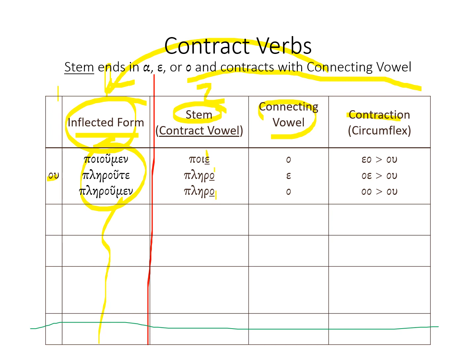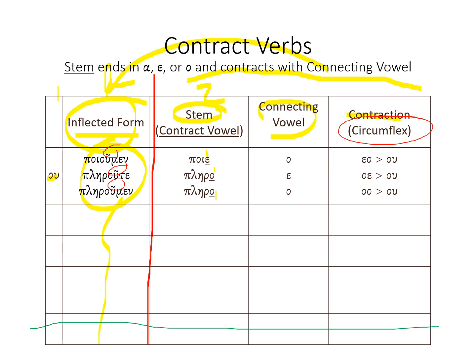And as Mounts notes, it's so helpful for us in Greek that very often there's a circumflex. Not always, but a very high percentage of the time. 80–90% of the time there's going to be a circumflex, like we see here, over that contraction.